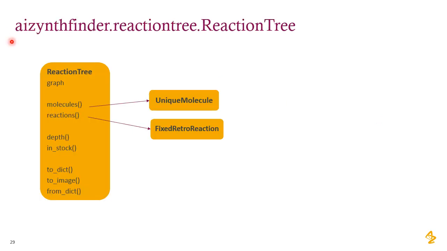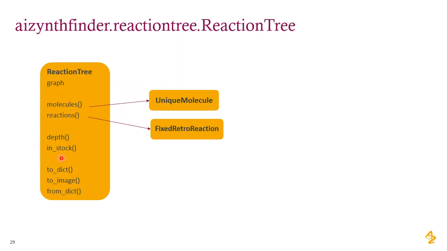I will first discuss the reaction tree data structure, which holds a synthetic route, or a reaction tree. And it holds an attribute called graph, which is a NetworkX directed acyclic graph consisting of unique molecules and fixed retroreaction objects. This is a bipartite graph with molecules and reactions, and you can get them with these two methods.